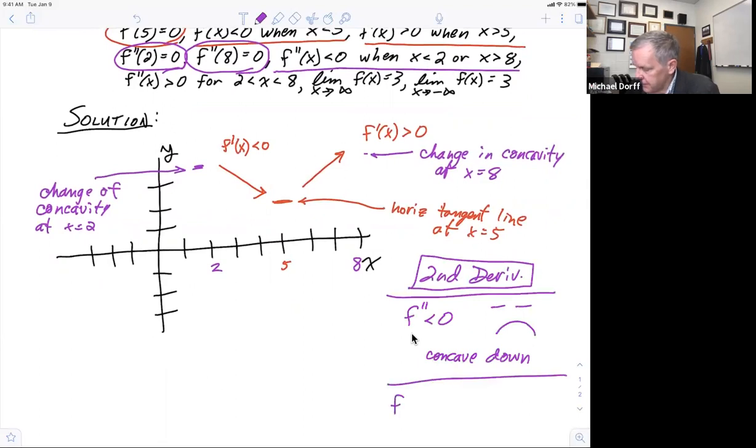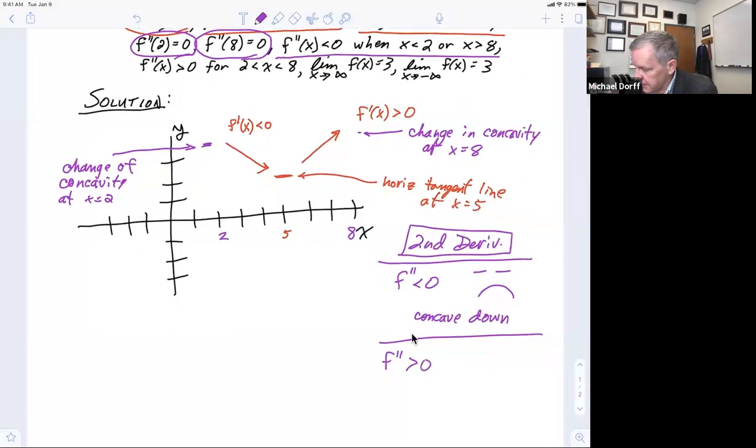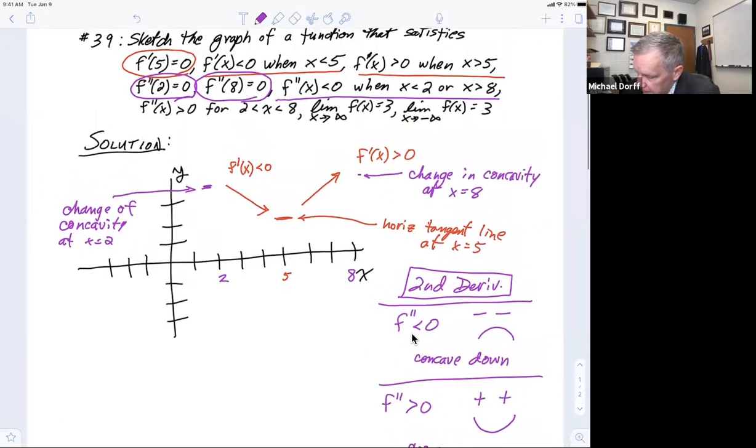On the other hand, if the second derivative is greater than 0, that means plus, and then it's a smiley face, and it's concave up. So again, in this problem, we were told that the second derivative is less than 0 for x less than 2 and greater than 8. So it's going to be concave down. I'm going to have a concave down type function here, and a concave down here.